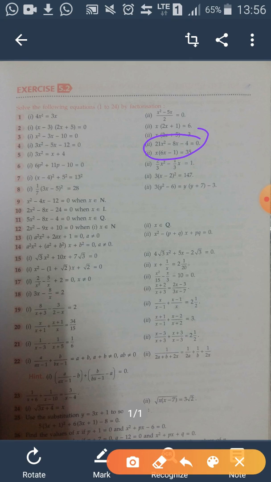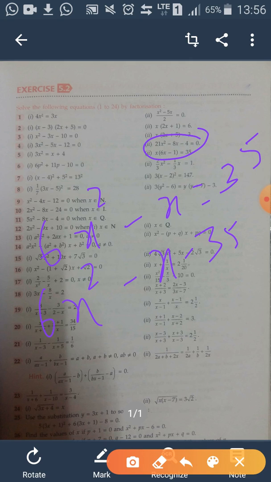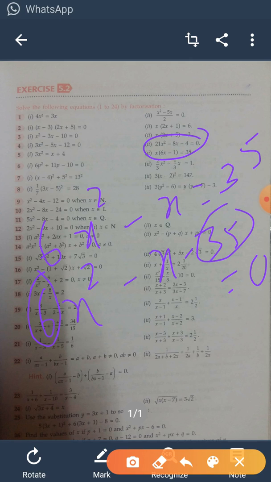Then again this thing, you just need to multiply x into 6x is 6x square, x into minus 1 is minus x is equal to 35. Now bring this 35 to this side. 6x square minus x minus 35 is equal to 0. Now solve this, multiply this 6 and 35, see what you get. Okay, 6 5s are 30, 6 3s are 18, 210.